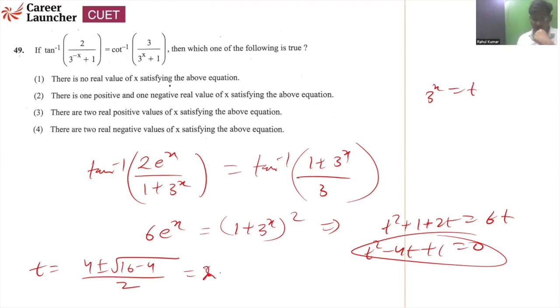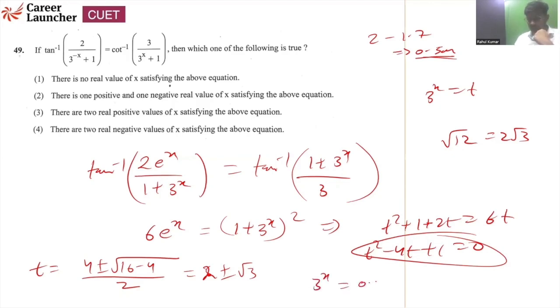It will be 2 plus or minus the square root of 12, which can be written as 2 root 3. So 2 will be cancelled out, and we get 2 plus or minus root 3. Now 2 minus 1.732 is 0 point something, so 3 to the power x is 0 point something. Let me write this: 2 plus root 3 and 2 minus root 3. Let's draw the graph of 3 to the power x.